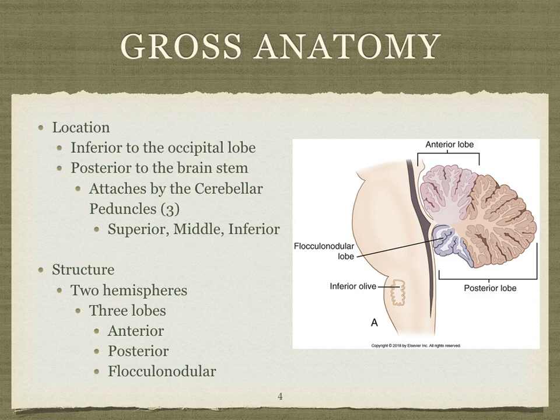So on slide 4, we're discussing the basic gross anatomy. Now, a little bit of information about the cerebellum is that it's also called the little brain. In comparison to its big brother, the cerebral cortex, this little brain is about 10% of our mass. However, it is made up bulkily of gray matter folded together.